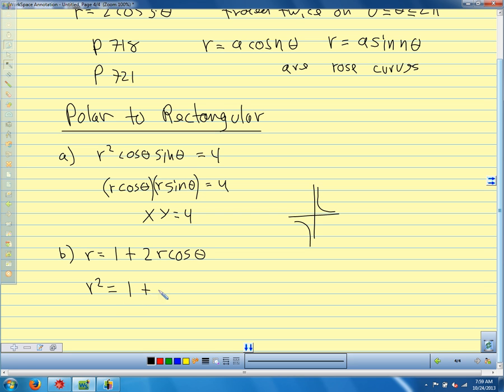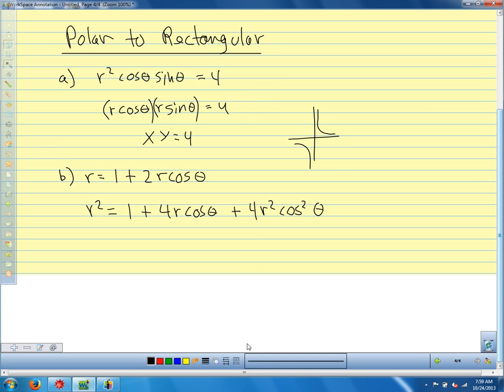1 plus 4r cosine theta plus 4r squared cosine squared theta. And then r squared is x squared plus y squared, equals 1 plus 4r cosine theta, which is 4x, plus 4r squared cosine squared theta, which is 4x squared.